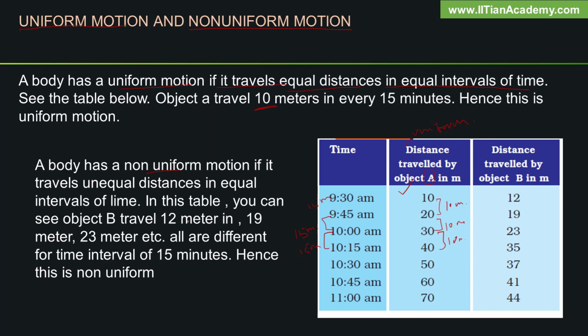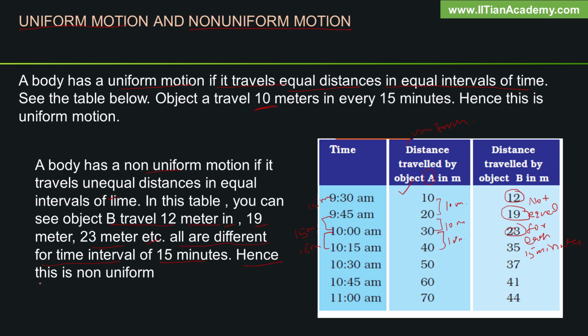In this table, you can see object B travels 12 meter, 19 meter, 23 meter, etc. All are different for time interval of 15 minutes.